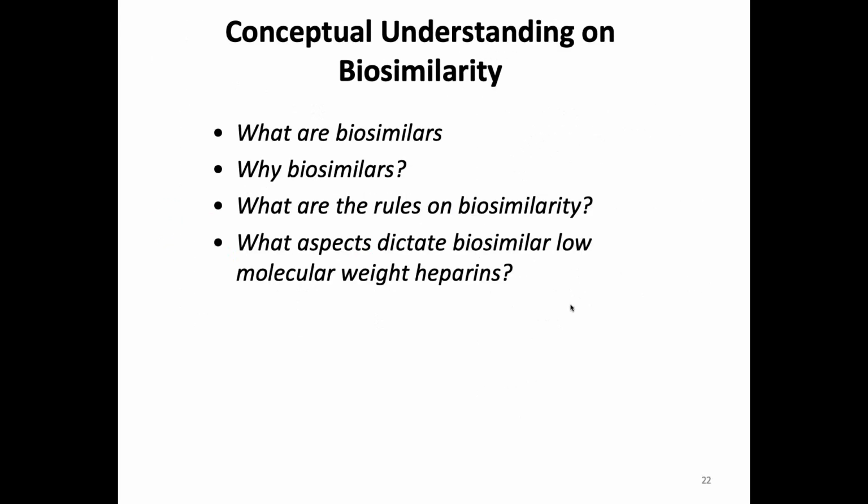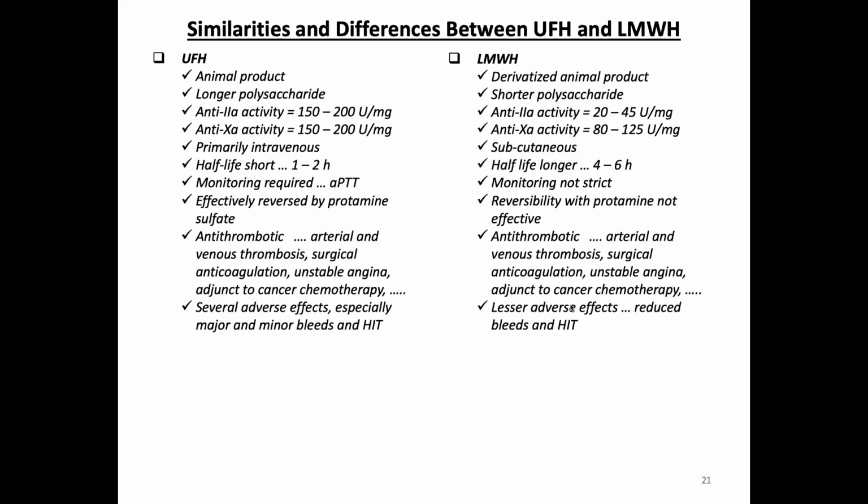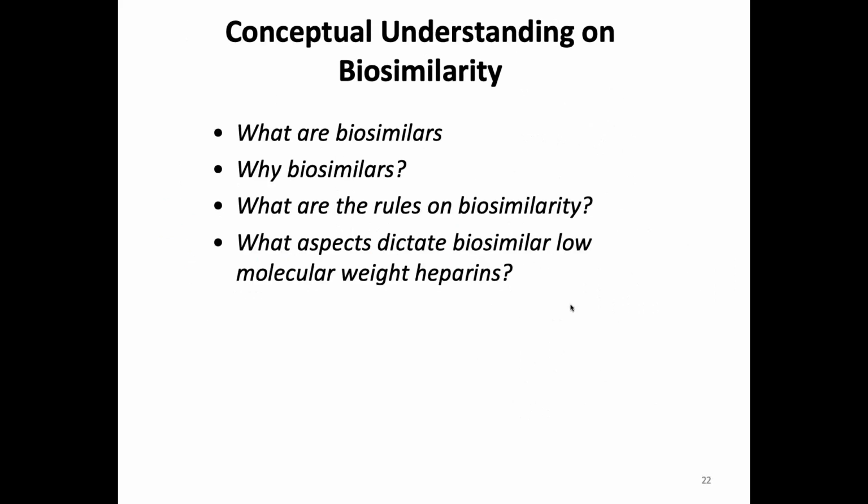Anyway, all of this became possible because of the rules that came into being because Congress asked FDA to develop these rules. Those rules are called the rules of biosimilarity, and they come under a specific law that came into effect in 2009.